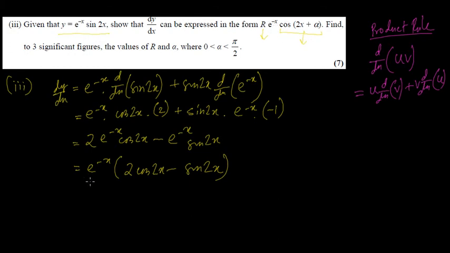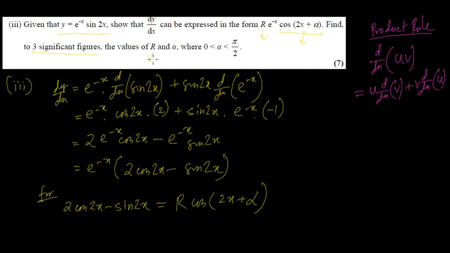So what they are actually telling us, we have to show 2 cos 2x minus sine 2x is r cos 2x plus alpha. This is what we have to show, and we have to find to 3 significant figures the value of r and alpha. Let me repeat.